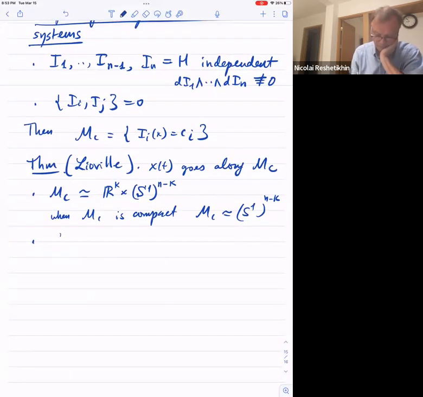And then there exists an affine coordinate system on M_c.